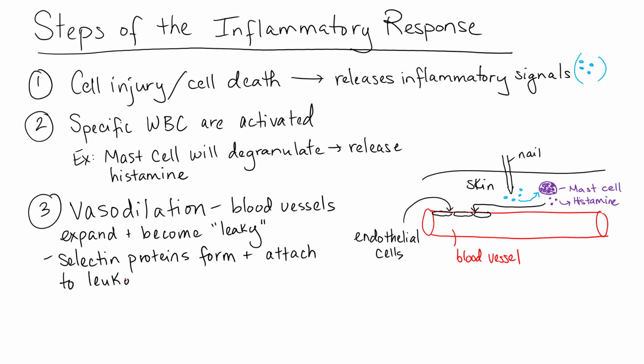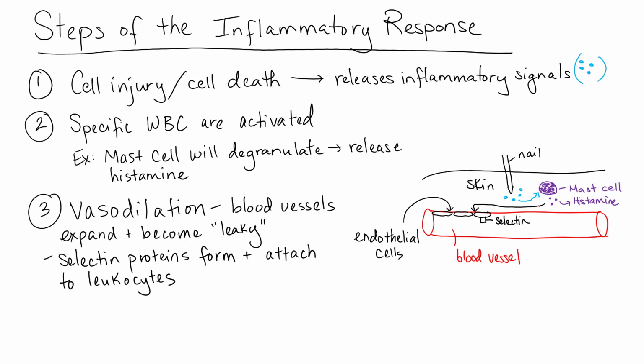leukocytes. So in that YouTube video we just saw, they're showing you that these blood vessels have lots and lots of red blood cells that are zipping through. And the red blood cells don't have the attachment ability to grab onto a selectin. So let's draw a selectin protein attached to one of these endothelial cells.